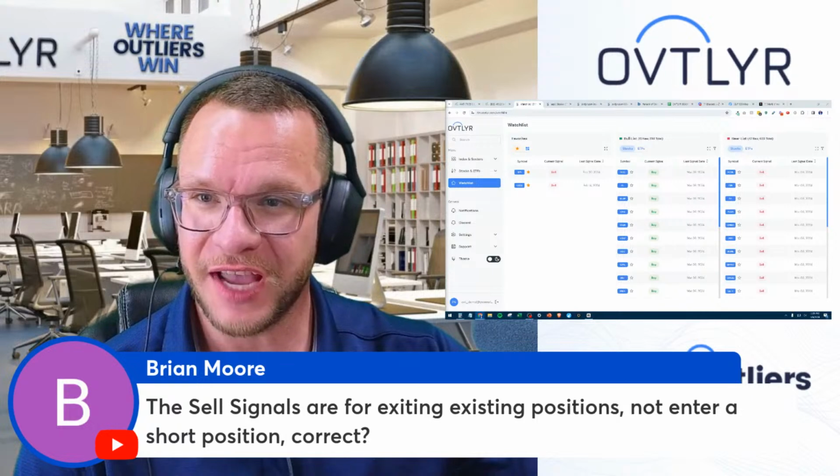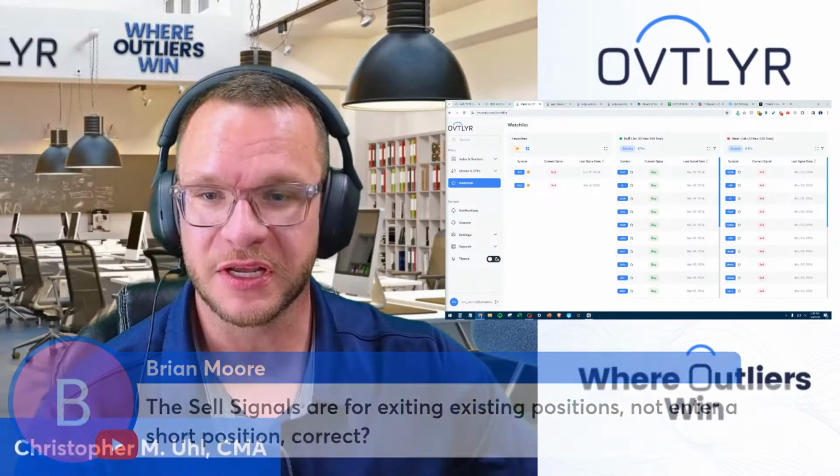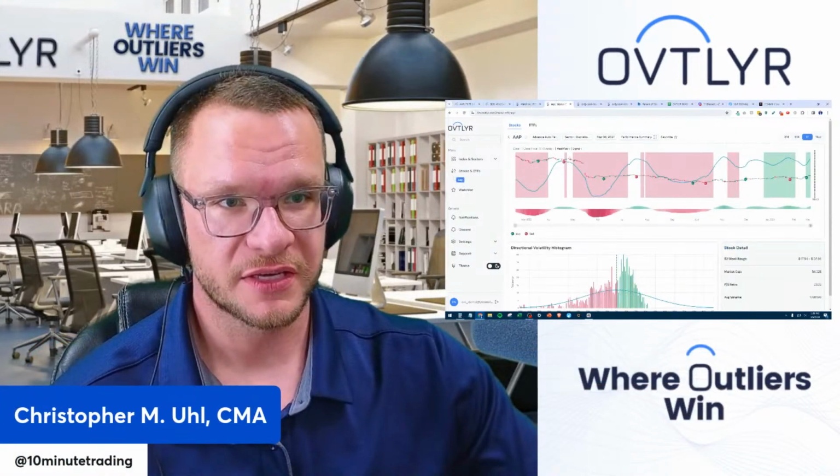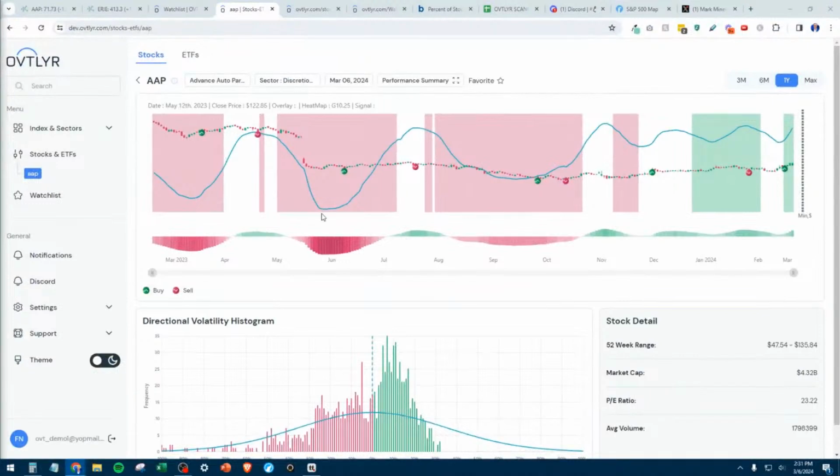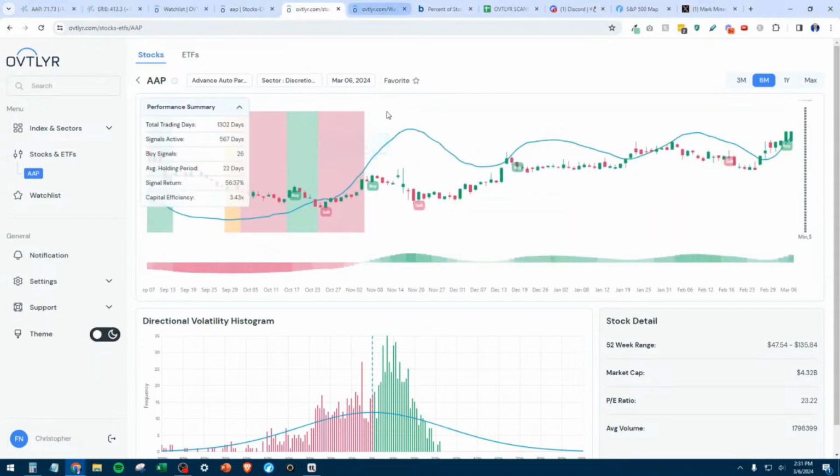The sell signals are for exiting positions, not entering a short position. Okay, on this, hang on, I'm trying to find a good example. Okay, this should work better. Always consider a buy signal in an uptrend like buying, taking ownership of that stock.